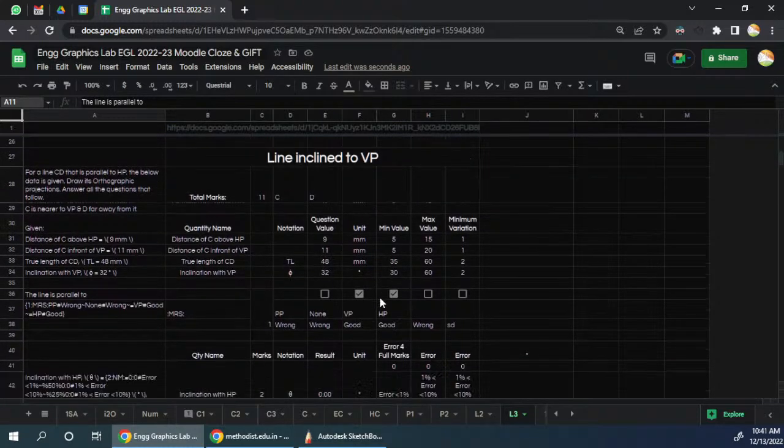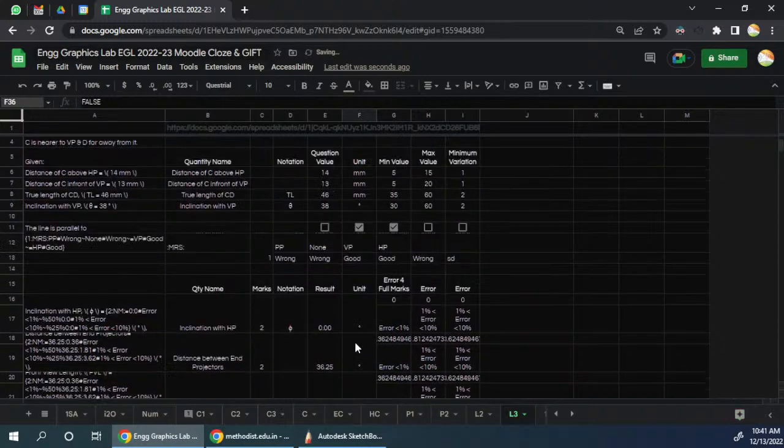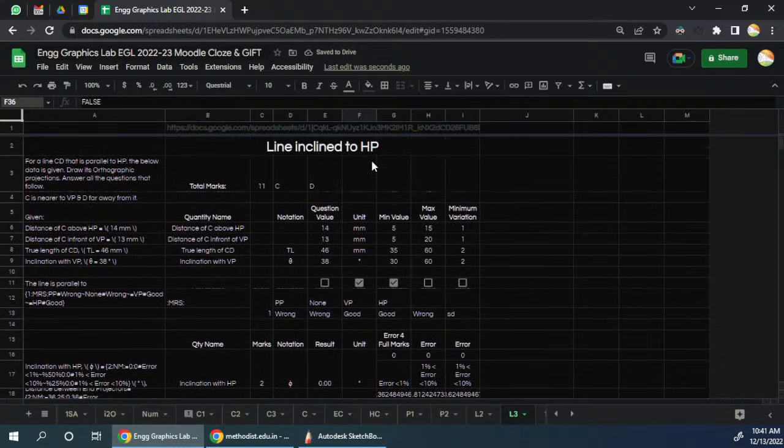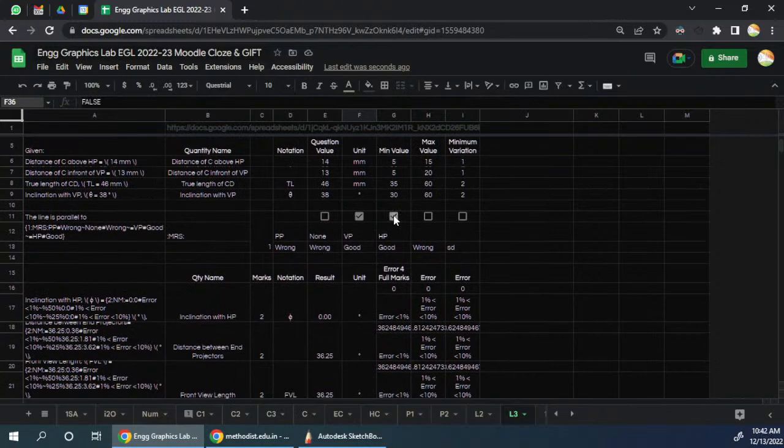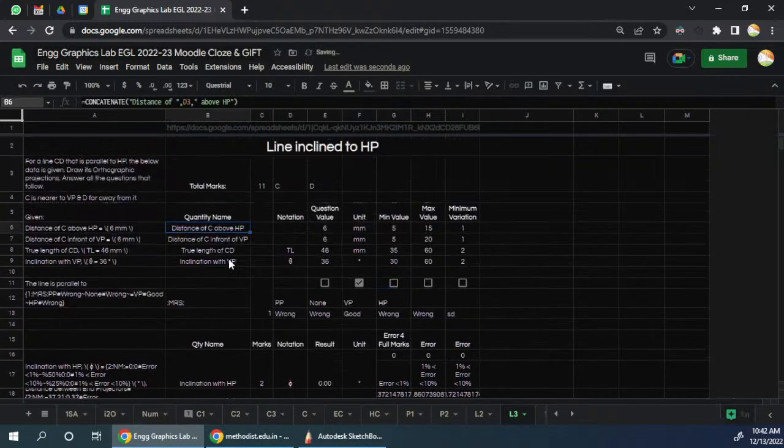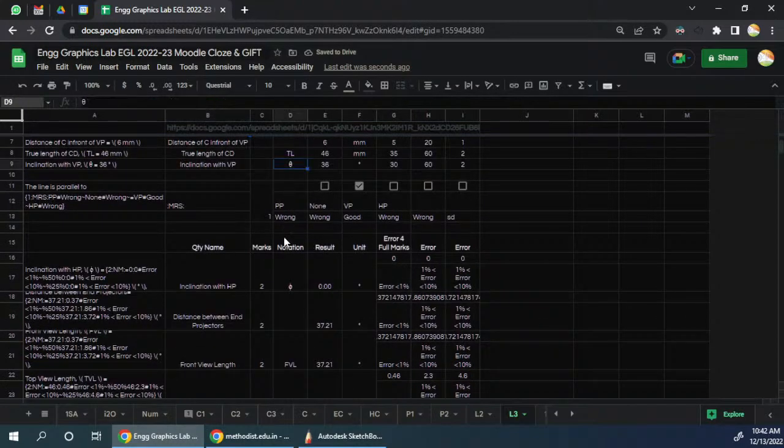Okay, so we can do this. Inclined to VP, so it's parallel to HP. Then it's inclined to HP, so it's parallel to VP. Inclination with VP.